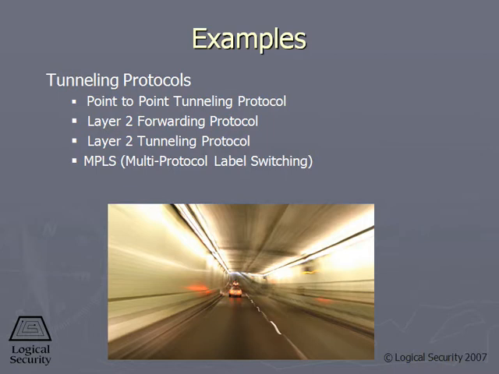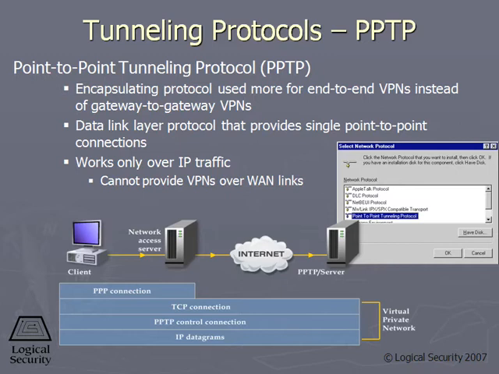So we'll look at several different types of protocols and technologies that have been used for VPNs: PPTP, L2TP, IPsec, those types of things. Now, PPTP was the first, and it was the de facto standard for VPNs.